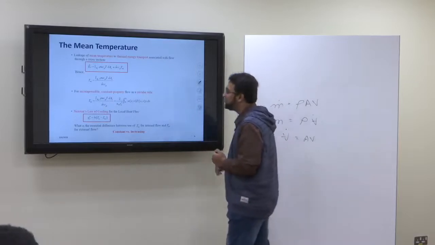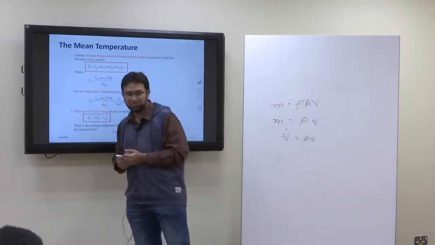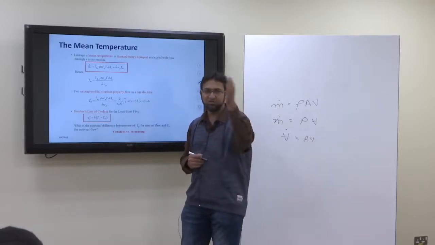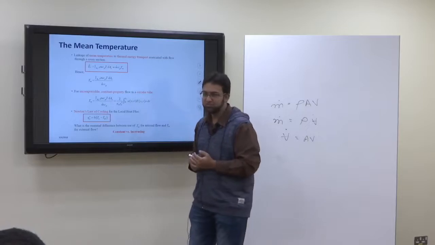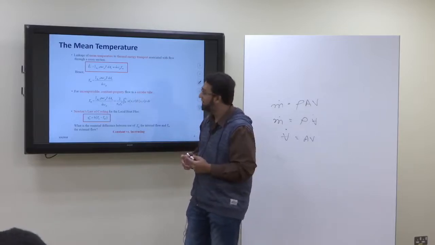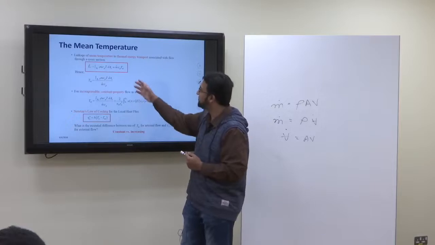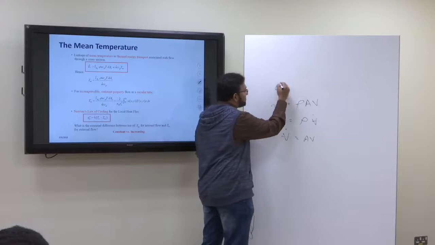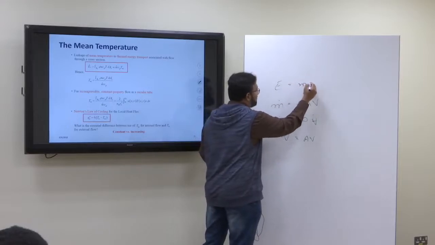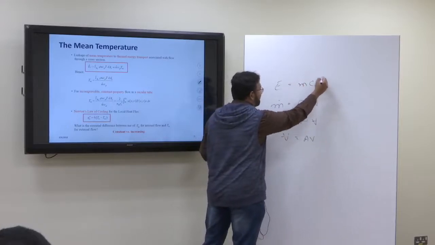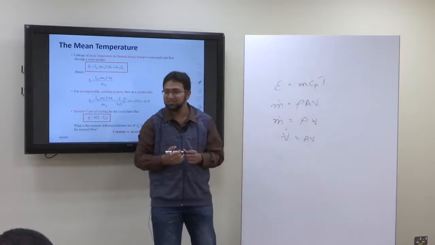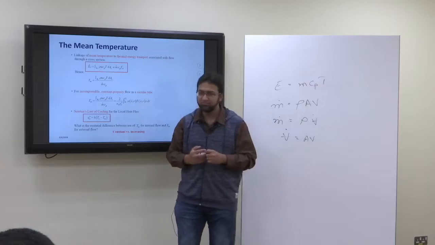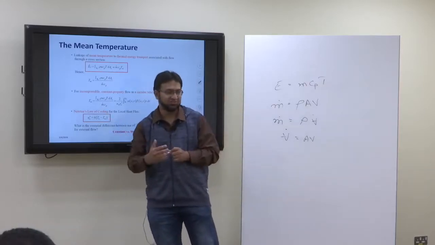Okay, similarly, we can find the mean temperature. Because there is temperature variation across the cross section and we want to find one temperature for it, we do the energy balance. So energy is what? E equals mCp T, or mC delta T, right? So mCT is the energy, and delta T will give you the change in energy.